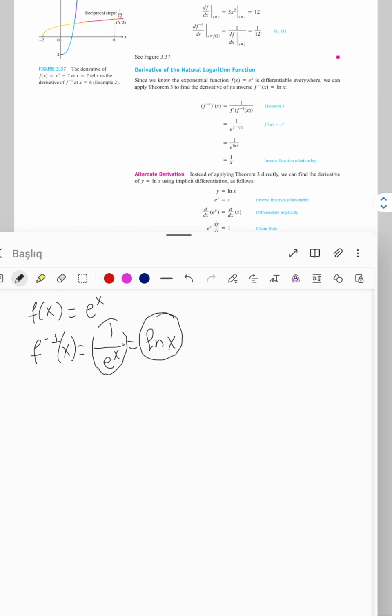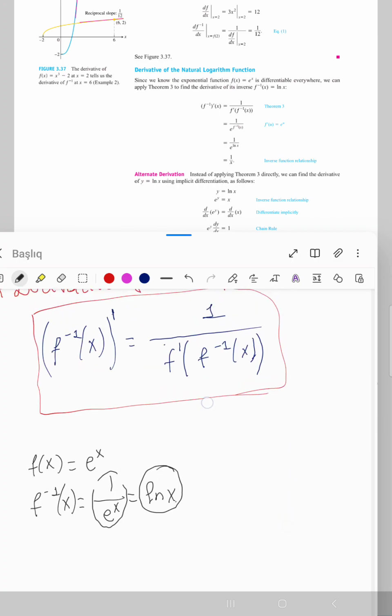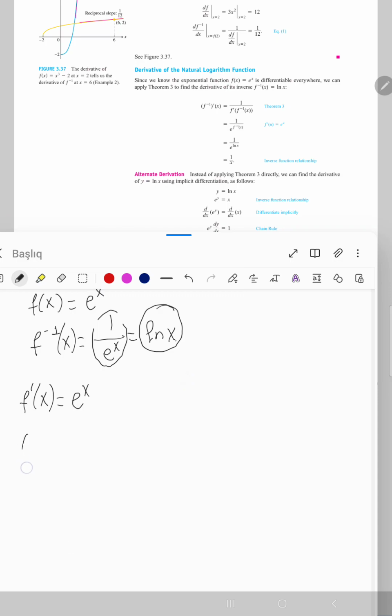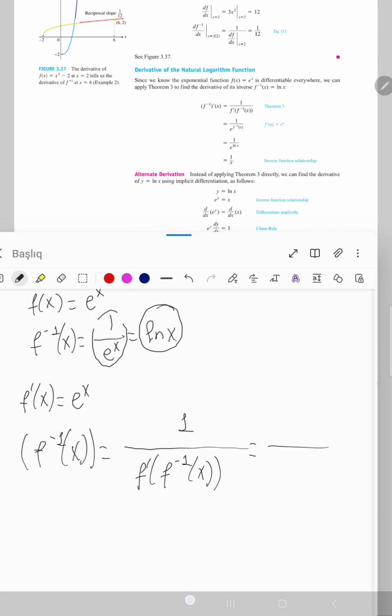And when you apply this theorem, this formula, let's apply it. So f(x) is e to the power of x, and the derivative of f inverse x will be, let's write the formula, 1 over f derivative f inverse x. What is f inverse x? ln x.